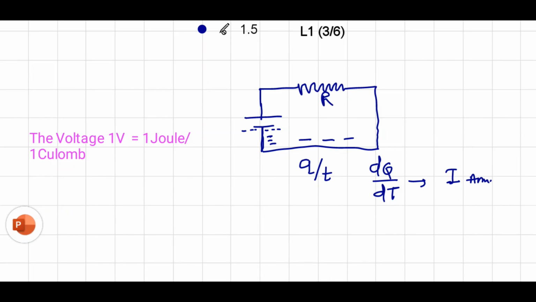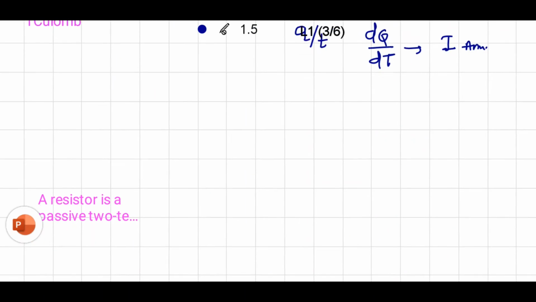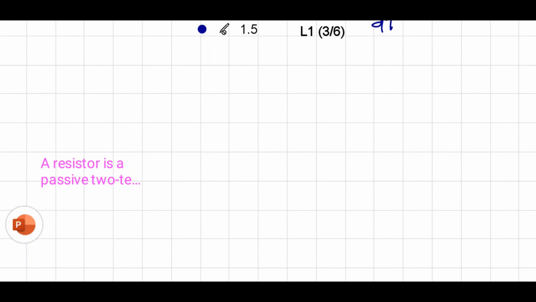The second thing is that the current is flowing through this resistance. Resistance is the device which restricts or opposes the flow of current. So here we know that force is being applied on electrons, that is due to voltage, and the rate of flow of charge is called the current. Now we talk about the resistor.